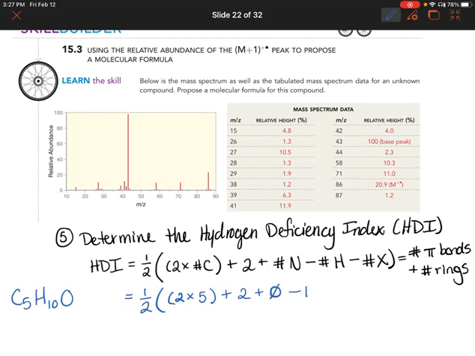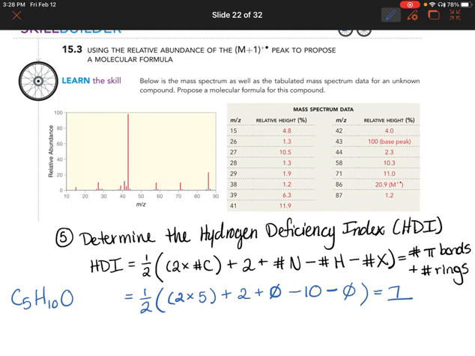Then we'll subtract 10 for the hydrogens, and subtract 0 for the halogens. Notice that oxygen is not in this equation, so we don't have to worry about the number of oxygens. So 2 times 5 is 10, plus 2 is 12, minus 10 is 2, and then we divide that by 2, which gives us 1.